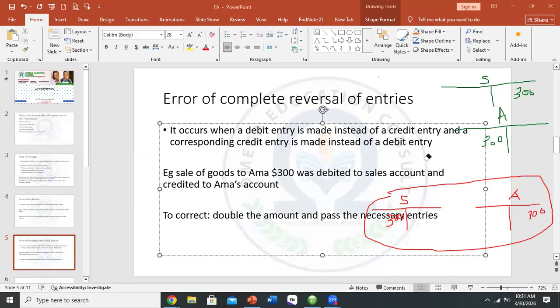They should have credited sales and debited Amma, because when you sell goods to Amma, you debit Amma, you credit sales. So this is the right thing that should have been done. But they made a mistake. So look at it. Instead of sales having 300 at the credit, the 300 is rather at the what? At the debit.